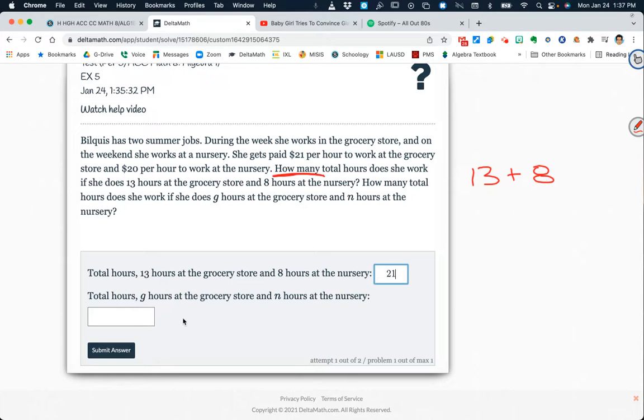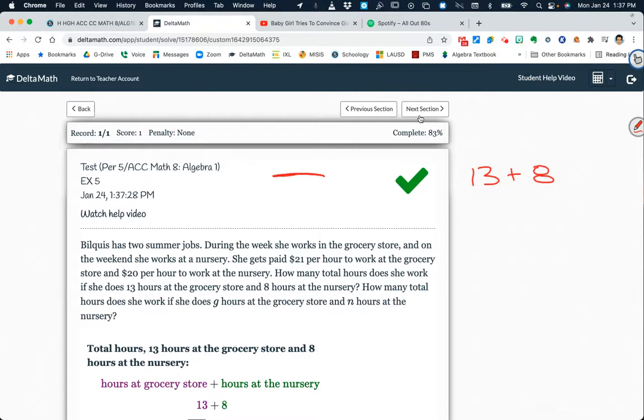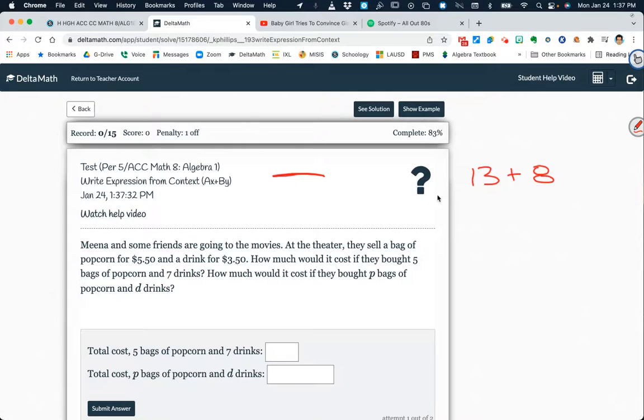And then if G is grocery hours and N is nursery hours, how would we write the expression there? G plus N. And that should take you to your first question that you have to answer on your own.